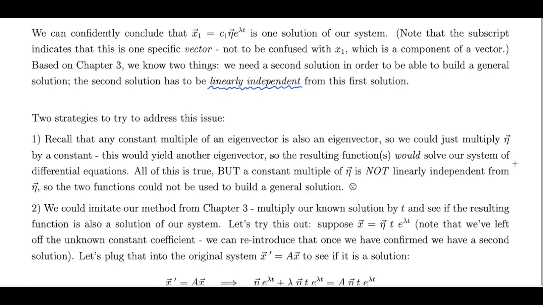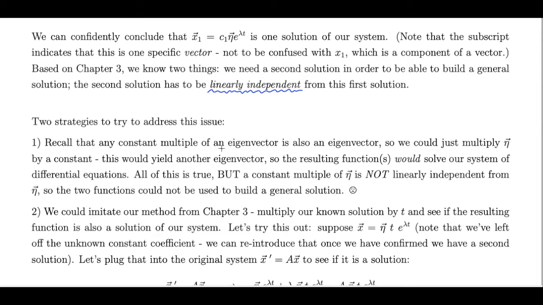Our first strategy hinges on the fact that any constant multiple of an eigenvector is also an eigenvector. So if I look at this solution here, x sub 1, that I've built using eta, I could, in theory, just multiply eta by a constant, say 2. 2 eta would be itself an eigenvector. Therefore, 2 eta e to the lambda t would be another solution to my system.